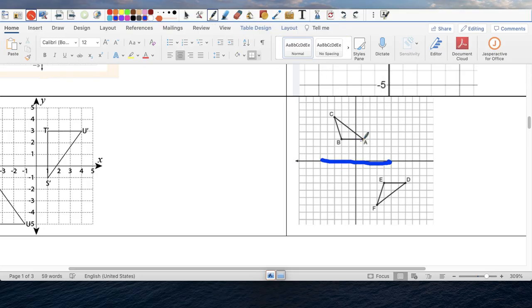So let's count. Point A is 1, 2, 3. Here would be point A prime. B is the same thing, B prime, and C would be 1, 2, 3, 4, 5, 6. Point C. Ooh, now they look the same. So reflection from here to here over the x-axis.